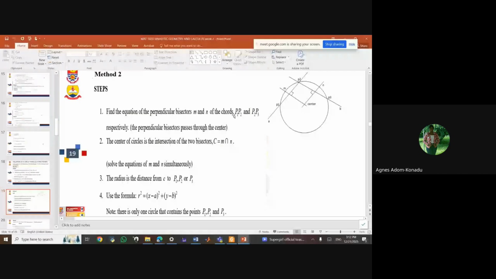So from the center, you can find the bisector, a line that divides P1, P2. Then you have a line that divides P3, the bisector. So the steps: you find the equation of the perpendicular bisector, M and N, of the chords P1, P2.